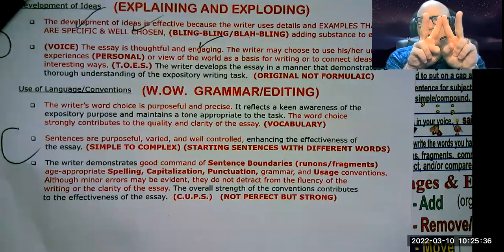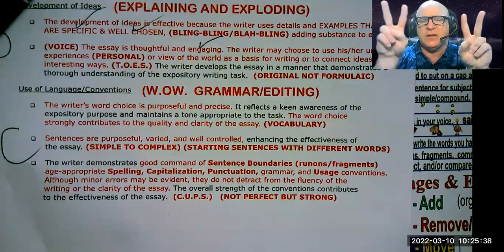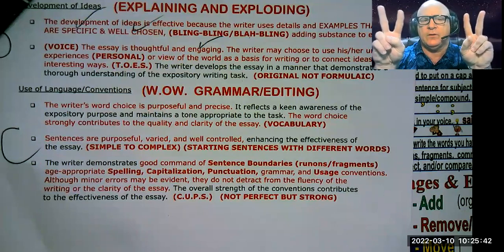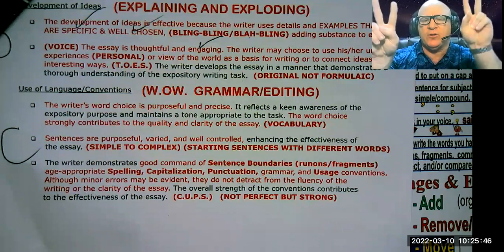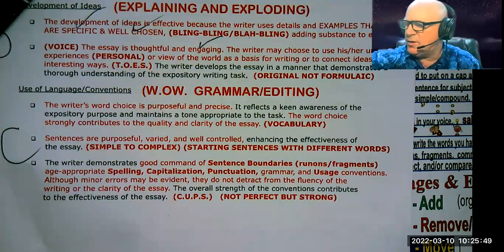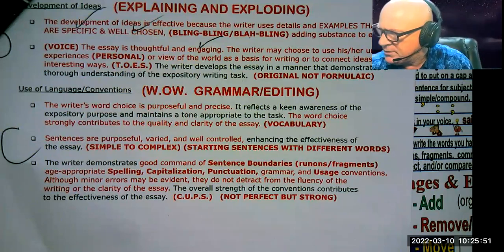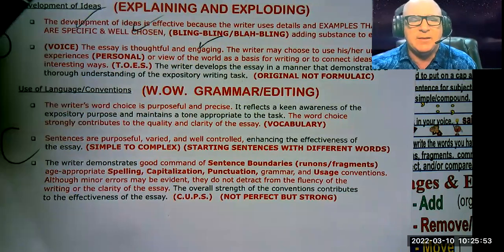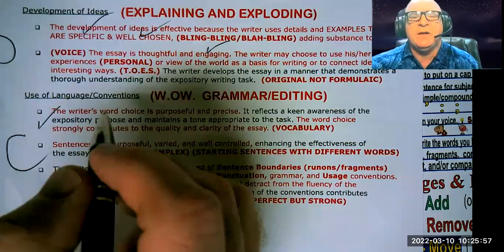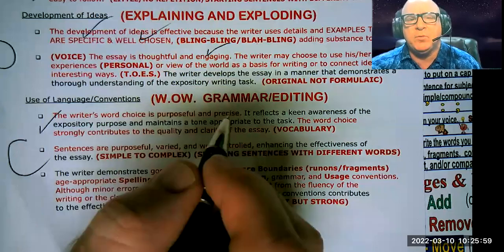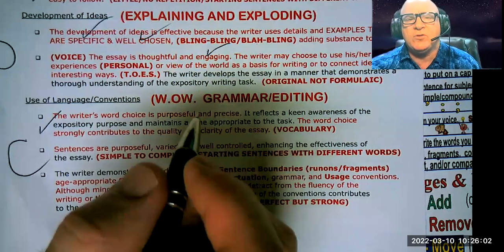The word starts with a W. So they're saying for part of your exploding, use higher vocabulary. For your other part, use your voice. And so that's what I'm saying about that. You're very purposeful and precise. So never use a simple word if you can use higher vocabulary.